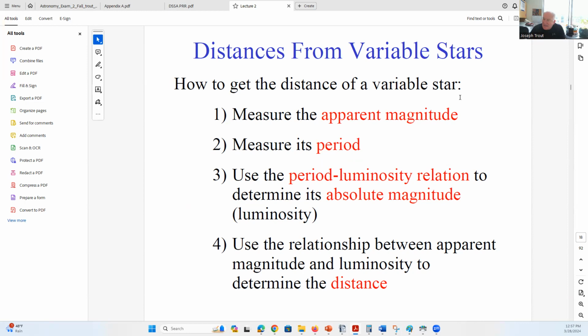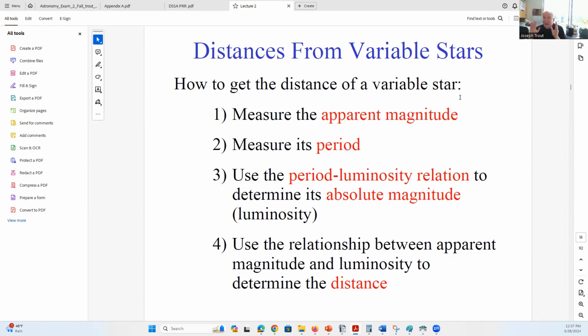So we can get distances from these variable stars, and this is how we do it. We'll get the distance of a variable star. We'll measure its apparent brightness. Don't forget, if we look from Earth, we see the apparent brightness. So for example, there could be two stars that look about the same brightness, but really one of those stars is much further away and it's brighter.